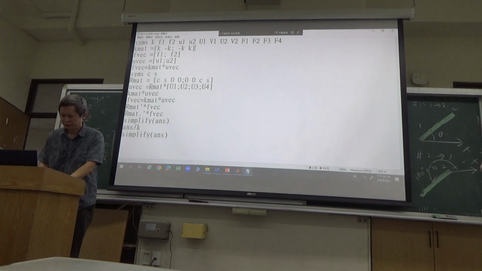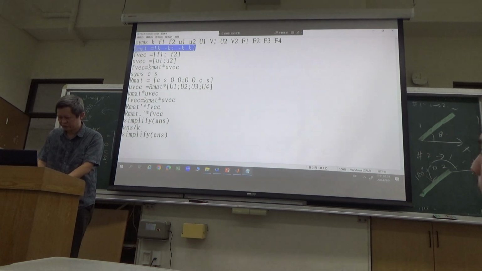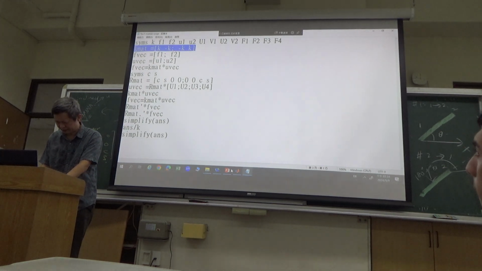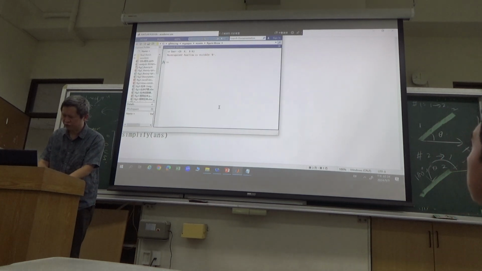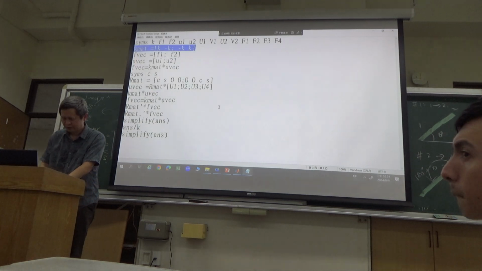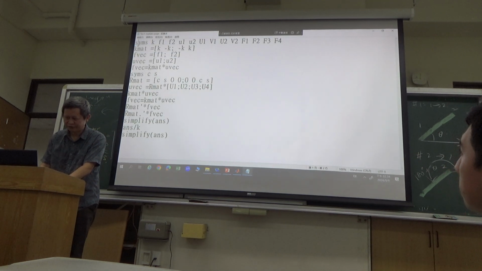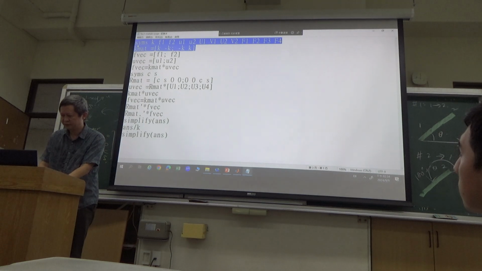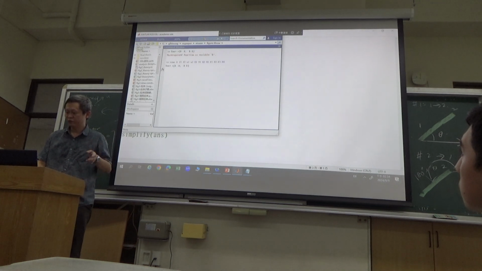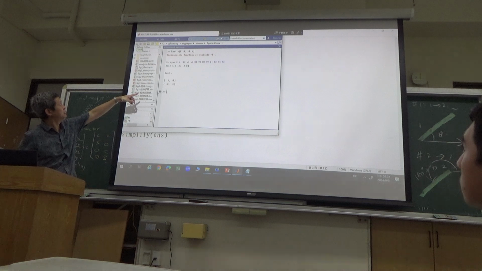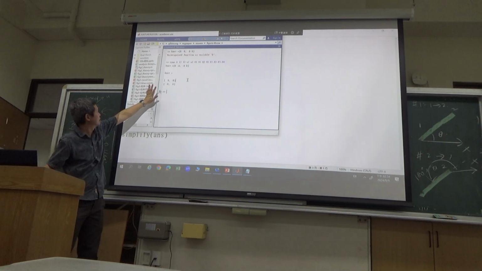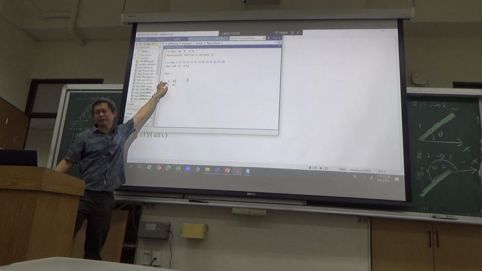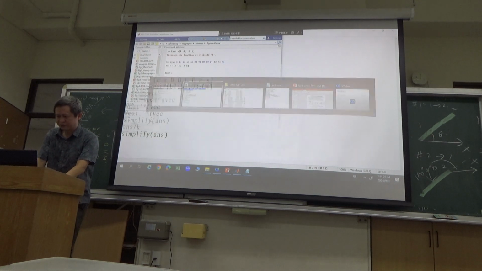So here I have written this K matrix, the stiffness matrix. Let's multiply them. If I do not define K as a symbol, there will be an error. But now that I define the symbol, I can do symbolic operations. You can see here, it's k, minus k, minus k, k. This is the stiffness matrix.